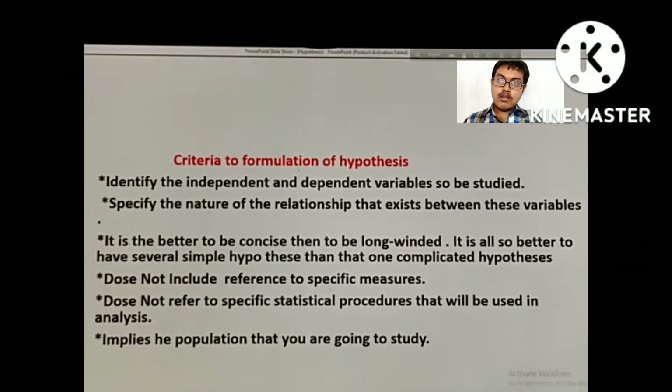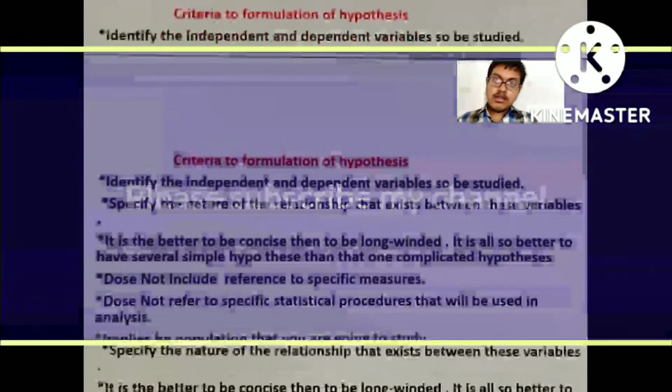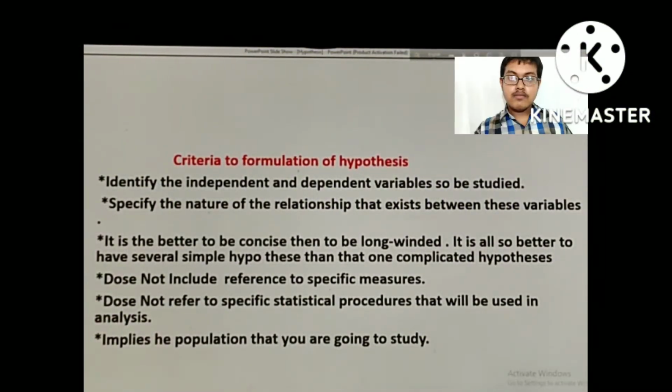Now we see the criteria for formulation of hypothesis. Identify the independent and dependent variables to be studied. Specify the nature of the relationship that exists between these variables.